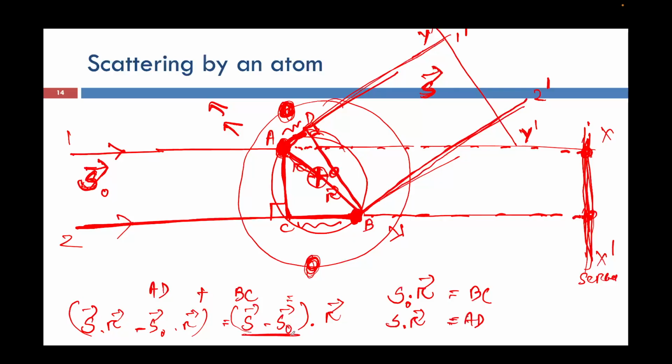So S minus S naught, there is an interesting term coming. Now if we draw, let's say my S naught vector was in this direction, and S vector was in this direction. If I have to calculate the resultant, I have to draw S naught and then S. So S vector is this, and my S naught vector is this.